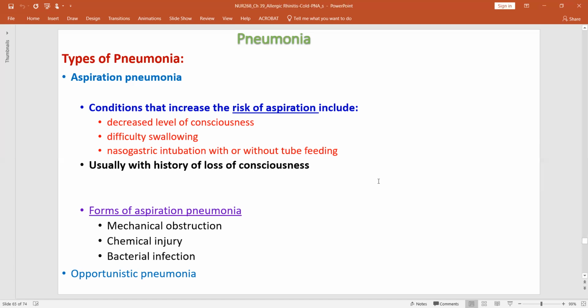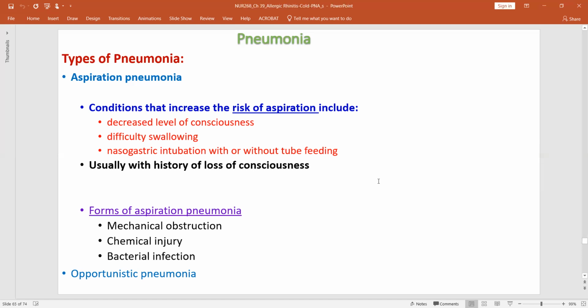So it's usually a condition that occurs in patients with a history of loss of consciousness. The significant condition in aspiration pneumonia is the loss, change, or alteration of consciousness.